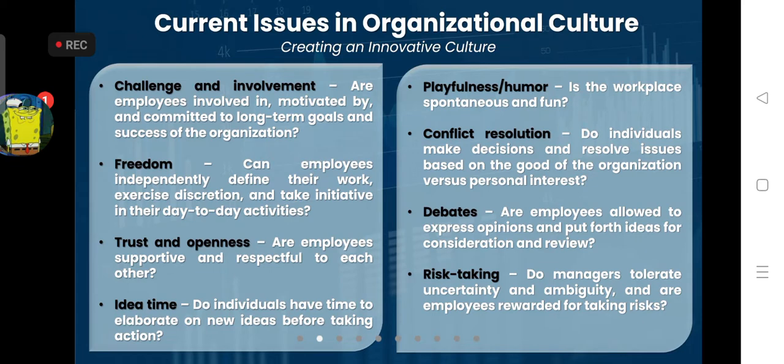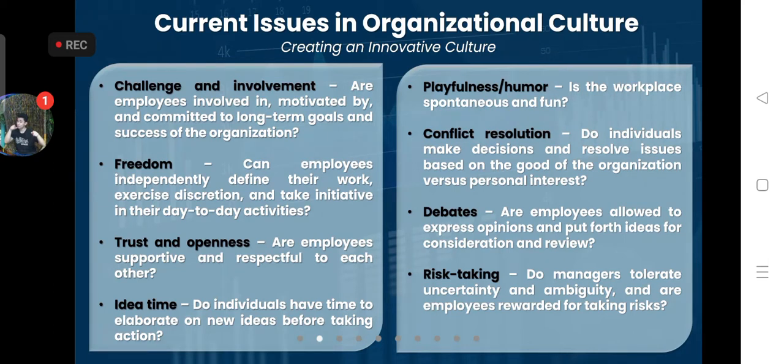Next is idea time. Do individuals or workers have time to elaborate on new ideas before taking action? The next one is playfulness and humor. Is the workplace spontaneous and fun?